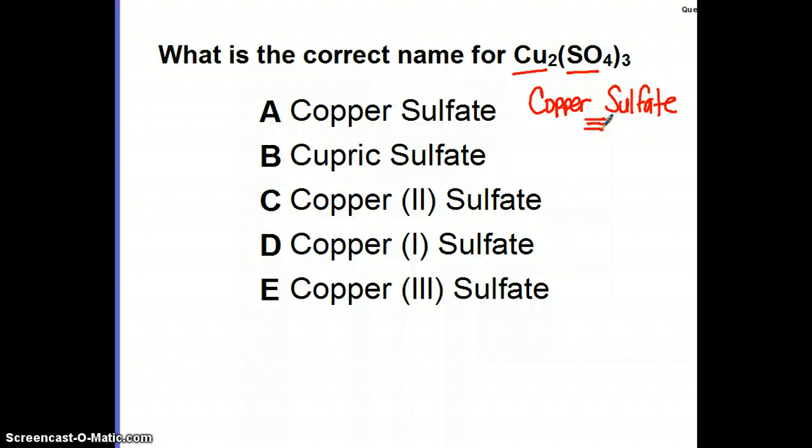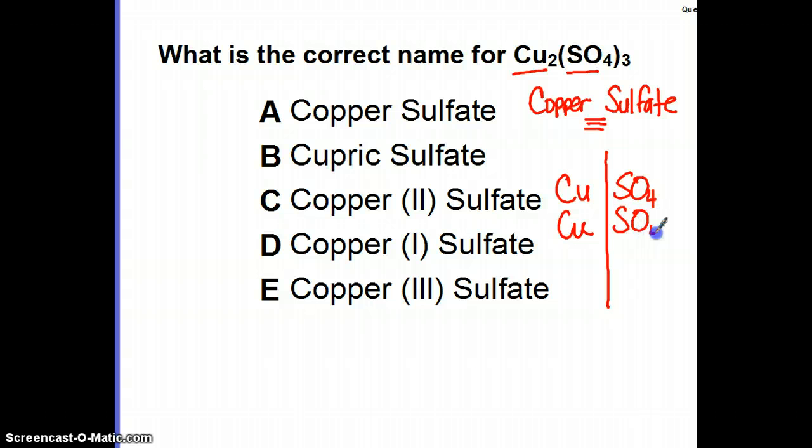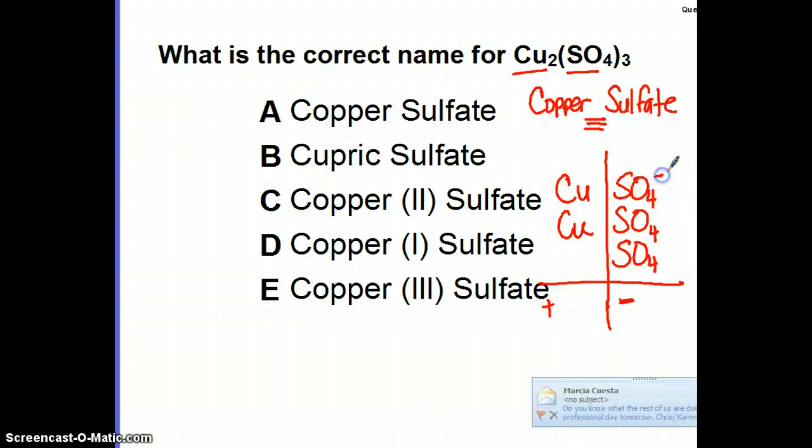So probably the easiest way to do this is actually write this down. Our formula consists of 2 coppers and 3 sulfates. Now we know that ionic compounds are always neutral. Therefore, we know that if we can figure out what the negative charge is, we'll know what the positive charge must be. So sulfate is one of the ones you're supposed to remember. Sulfate has a -2 charge.